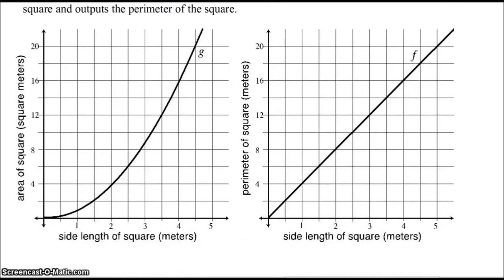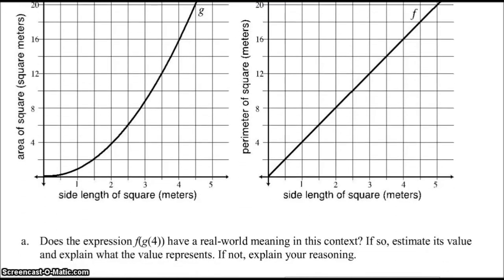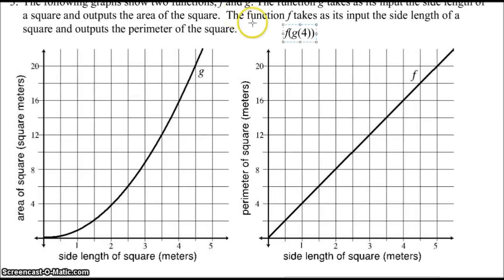Okay, let's look at part A. Does the expression f of g of 4 have real-world meaning in this context? If so, estimate its value and explain what the value represents. Okay, so let's take a look at this f of g of 4. 4 would be the input into the function g, so that's a side length of square meters, and then the output there would be an area, 16 square meters, and then we want to make that output the new input for f, but notice the input for f is side length of square meters.